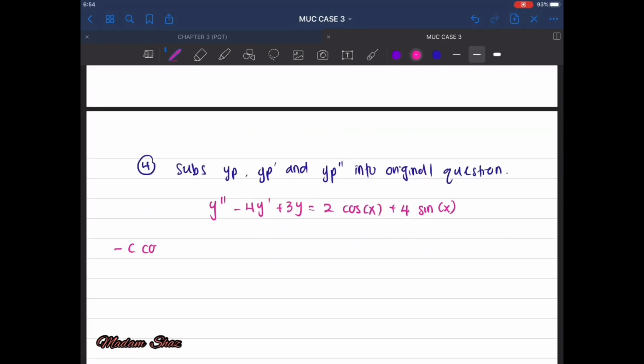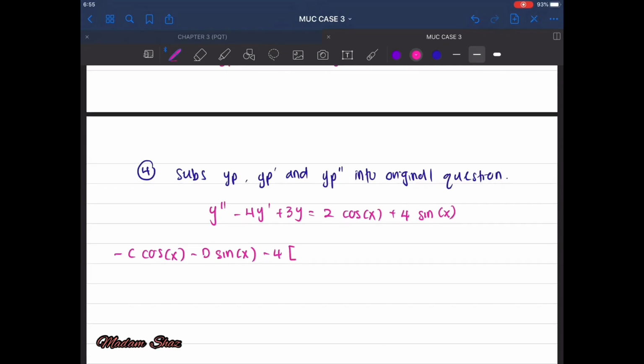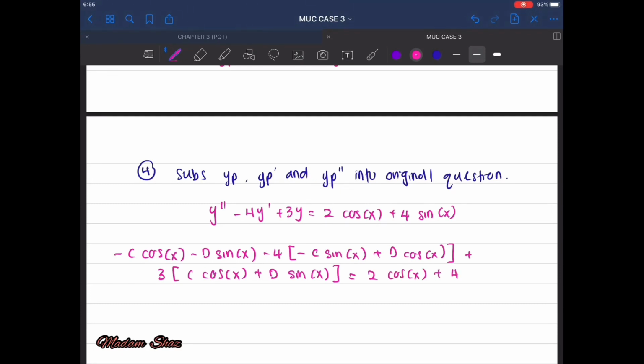So y double prime will become negative c cos x minus d sin x, minus 4y prime, minus 4 multiply negative c sin x plus d cos x. So plus with the 3y, plus 3 multiply c cos x plus d sin x, equal to 2 cos x plus 4 sin x.